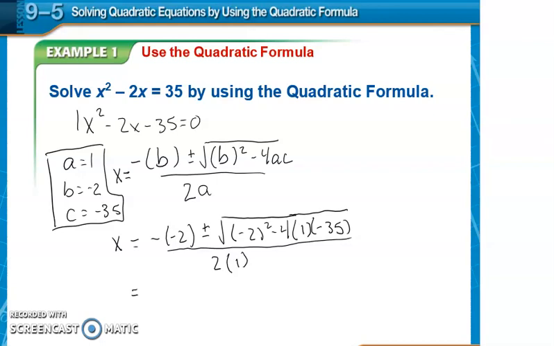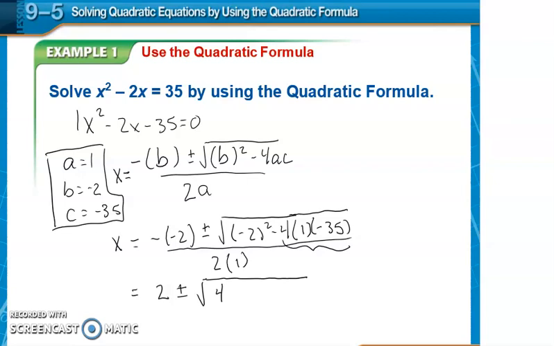So to simplify this, the b becomes just 2. I'll explain the plus or minus in just a minute. We're going to simplify everything underneath the square root sign. Everything underneath the square root sign is called the discriminant. Step by step, it looks like this: 4. And then this, you have to do all of this multiplication together.